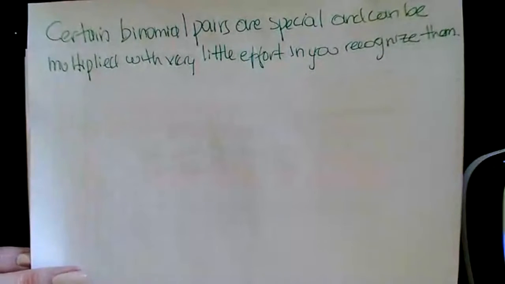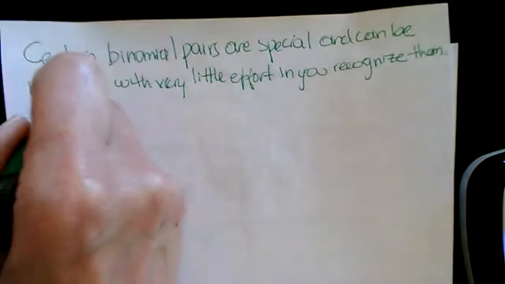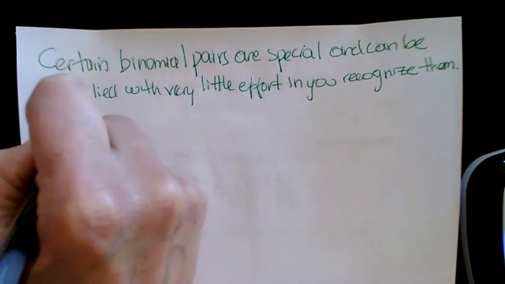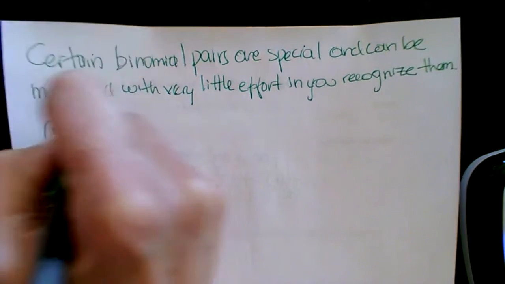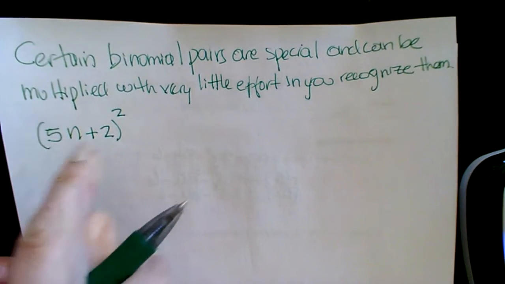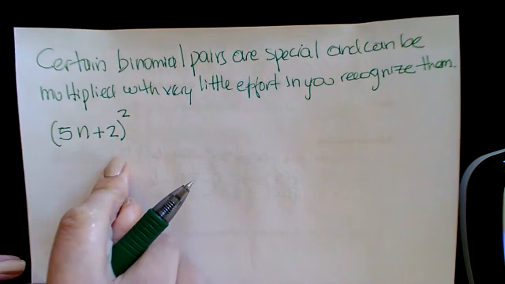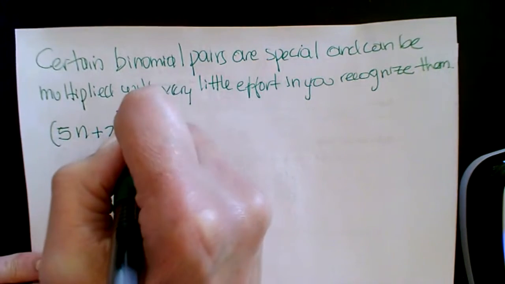So then let me show you. What was number 7? Oh, the one that I just did. This one, 5n plus 2 squared. This is what we call a square of a binomial.